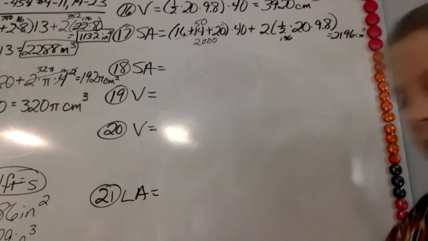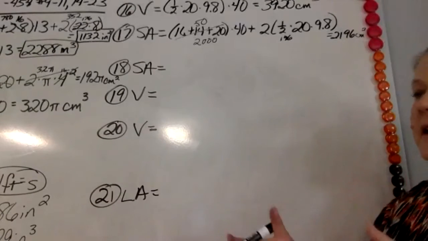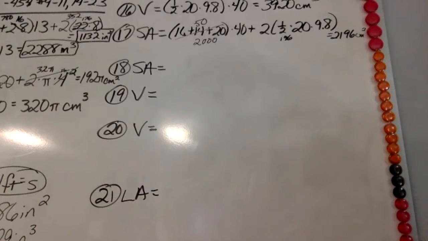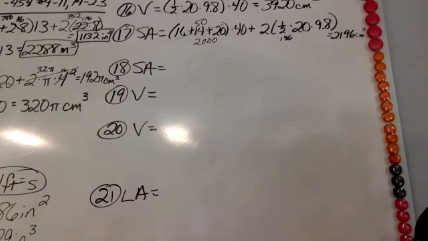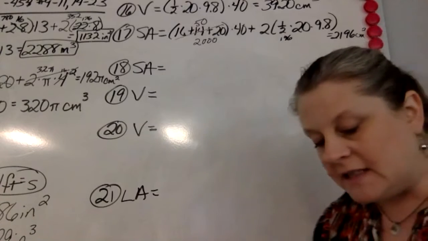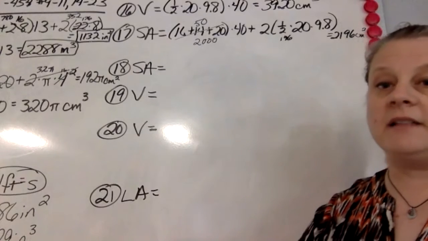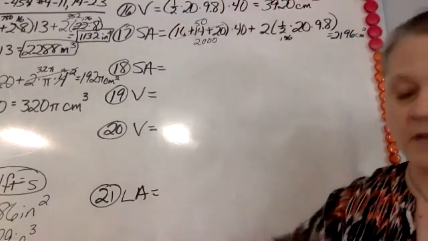Because mine was orange. Plus, for the surface area, you add the circle area for the base. Our formula for the lateral area was pi times the radius times the slant height. Remember, your slant height is the height going up the slanted side of the cone.